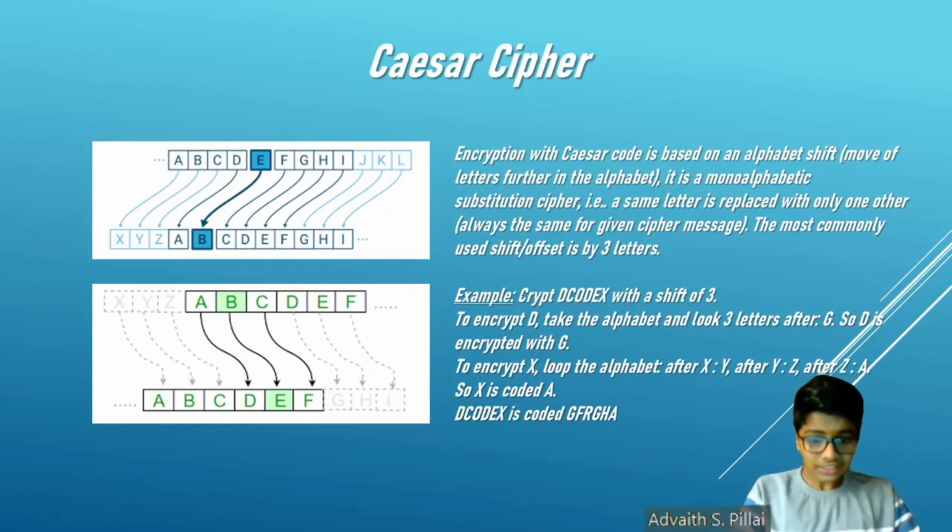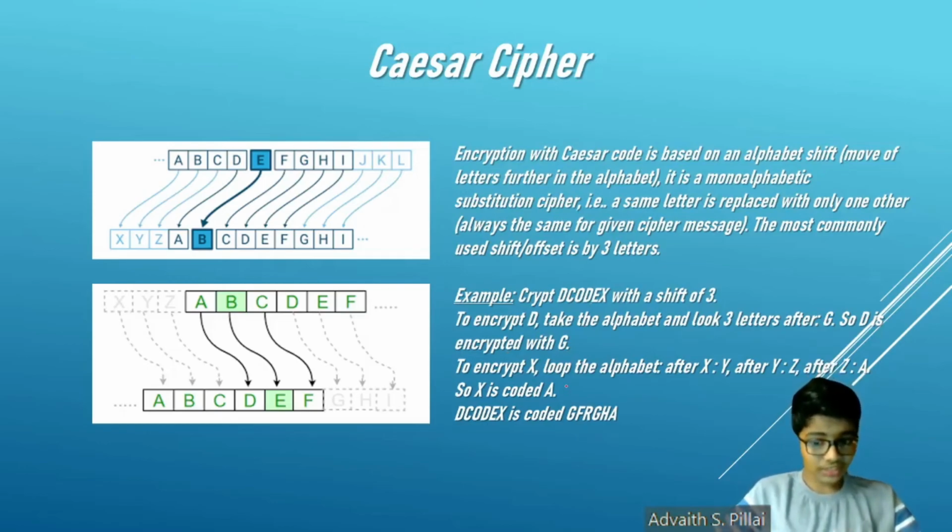Let's look at the example here first. We have the word DECODEX, encrypted with a shift of 3. Let's look at the first letter, which is D. To encrypt D, take the alphabet and look 3 letters after, which is G, because E, F and G. So D is changed into G. This is how it works.